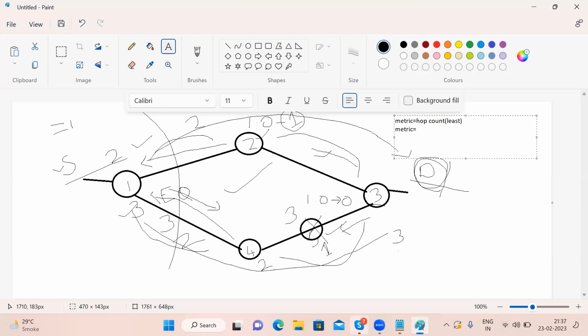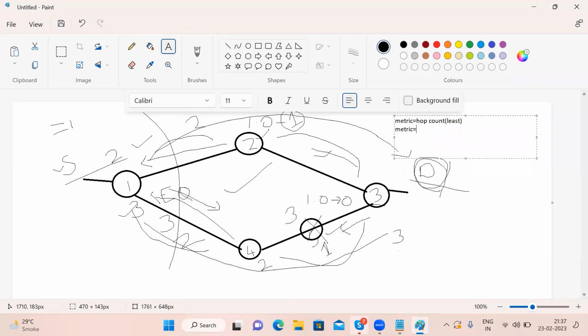EIGRP, what is the metric? How does EIGRP calculate the best path? According to its metric value. Now, what is the metric value of EIGRP? Anybody?